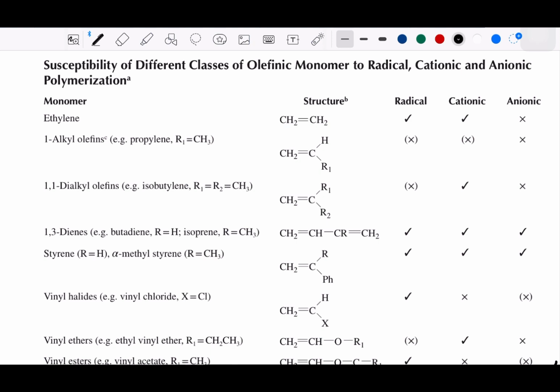This actually can be done, but it's not as easy as this one. Dialkyl olefins are good for the cationic, because we have the R groups here, and this is only one.